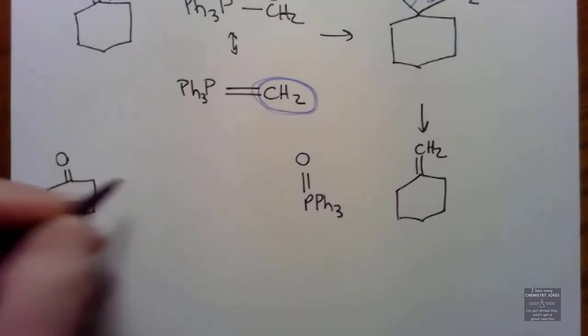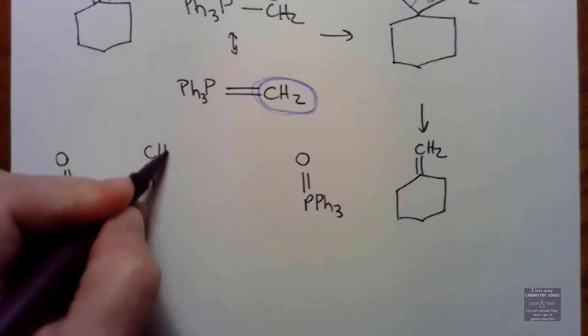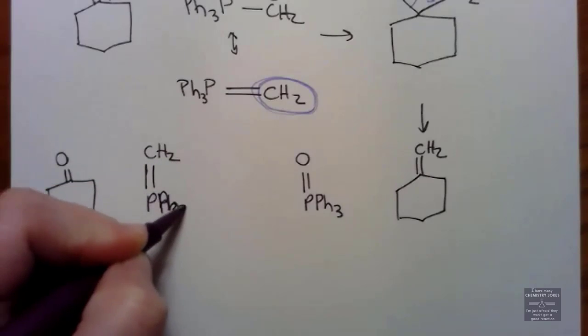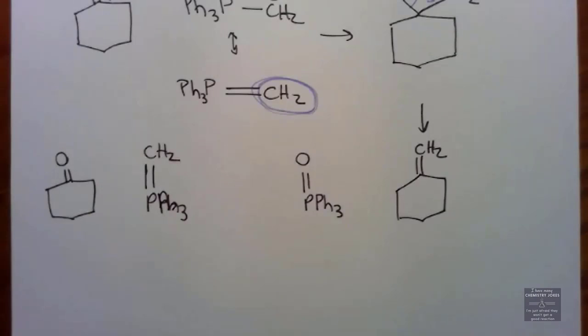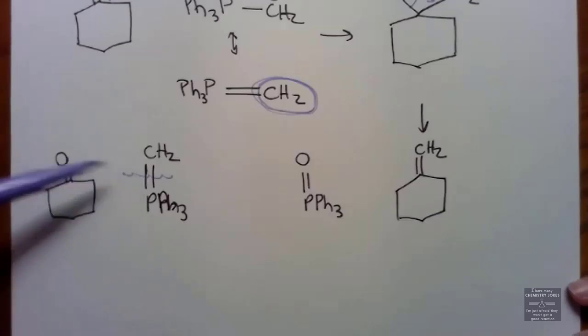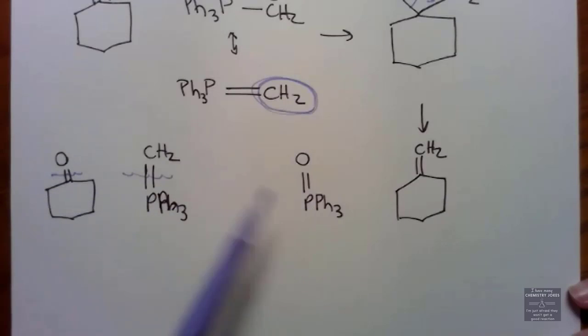but the take-home message for a Wittig is cut off your oxygen, cut your ylide in half, and stitch together the pieces that weren't stitched together previously. Oxygen always runs away with phosphorus, like this.